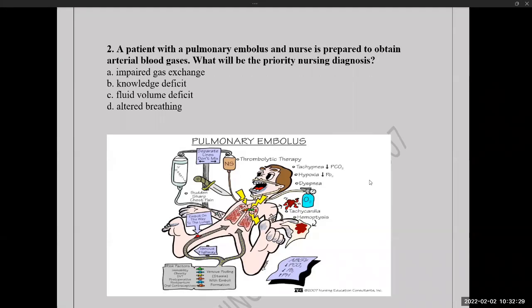The patient has started mobilizing only 10 steps per day, and while mobilizing, the patient suddenly develops chest pain, hypoxia, dyspnea, confusion, and chest tightness. So that is indicating again pulmonary embolism.